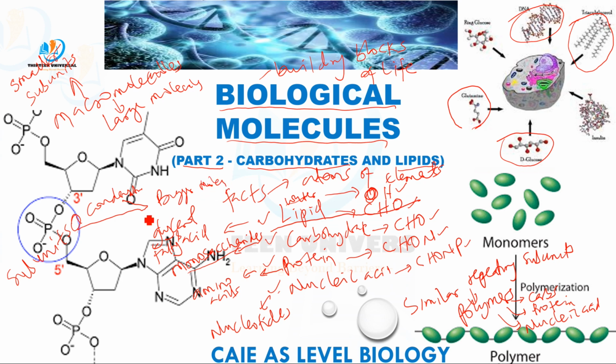Water is always produced during condensation reaction. This is usually reversible. The bigger molecule can undergo the backward reaction, called hydrolysis, to give us smaller subunits. I'll continue the facts as we move to the next slide.